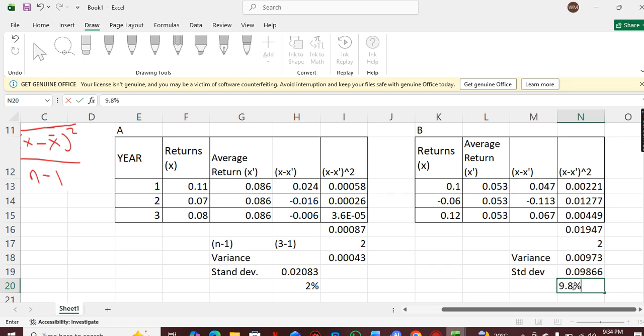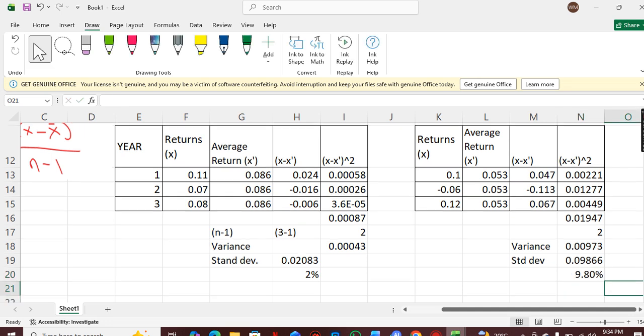Between both investments, investment A is more stable because its standard deviation is not high compared to investment B. Investment B does not have a very high standard deviation either, but it's greater than A's. So remember how we interpret standard deviation, colleagues.